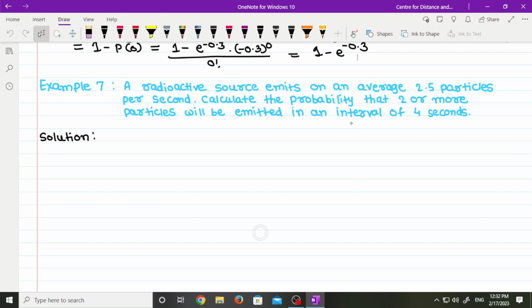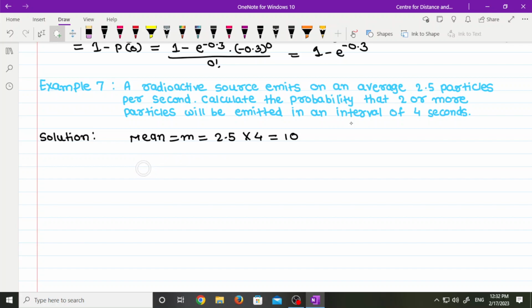As usual, first we find the value of m, that is the mean, which is 2.5 particles, but for 4 seconds. So, we have to multiply 2.5 by 4. So, we get 10. This is our value of m, that is m is equal to 10.